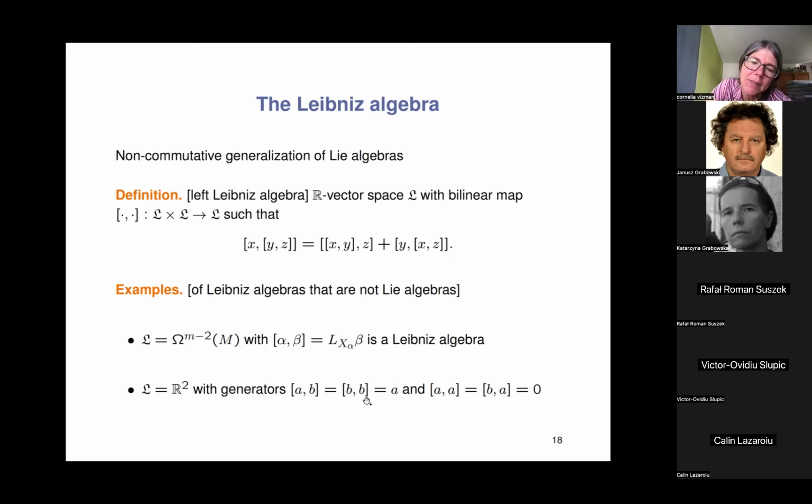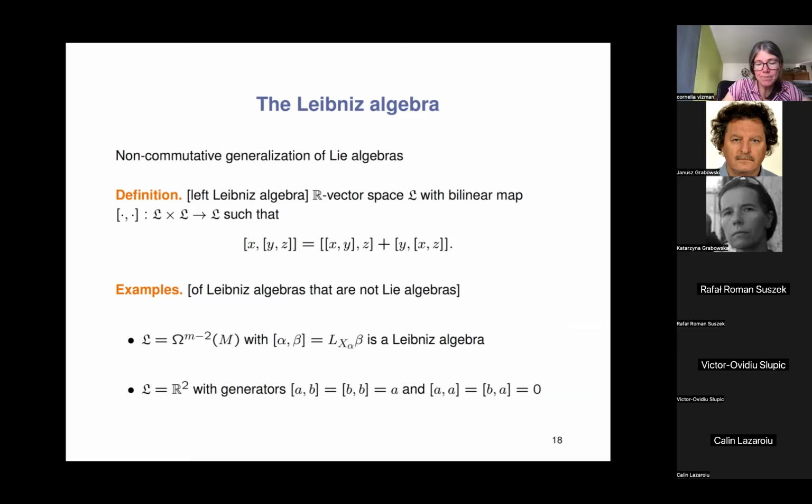Here BB is A, so the ideal of squares is non-trivial. If we factor out by the ideal of squares, then we get the associated Lie algebra of a Leibniz algebra. So we show that omega m-2 of M with this bracket is a Leibniz algebra.